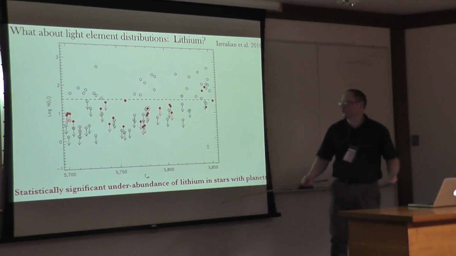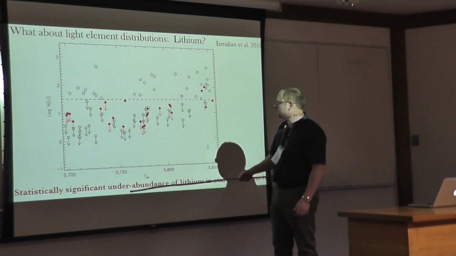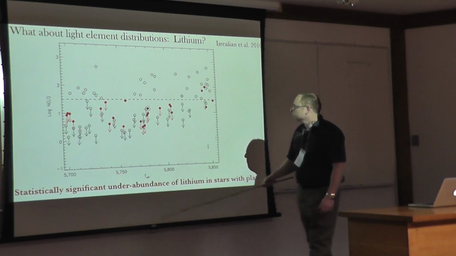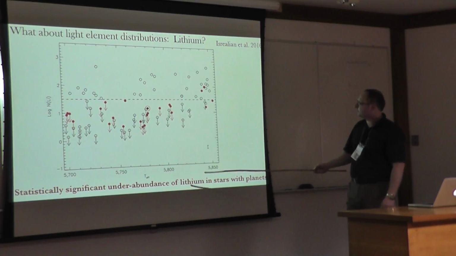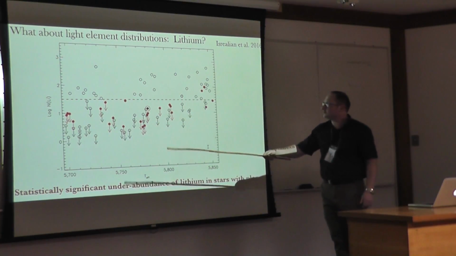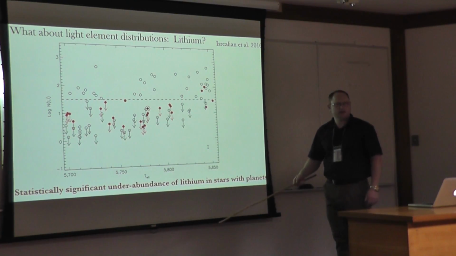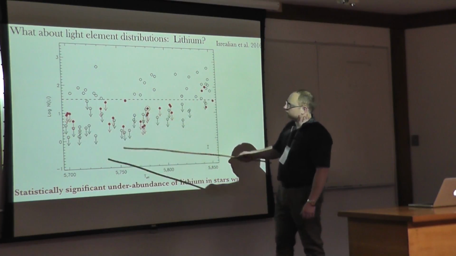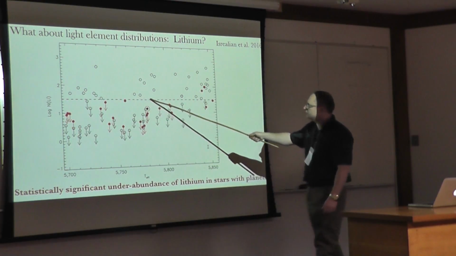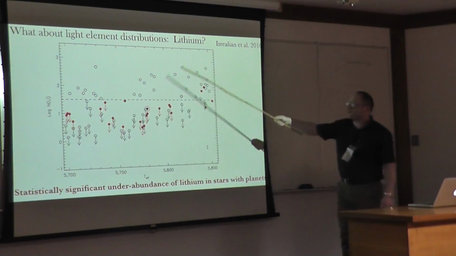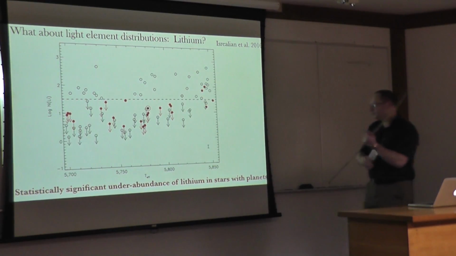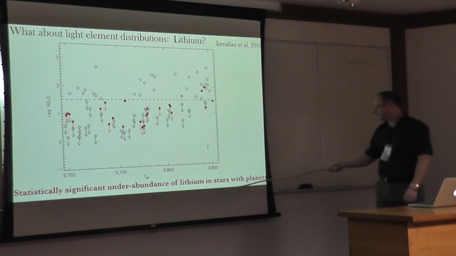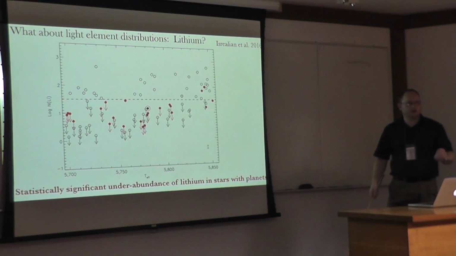So the abundance of lithium is a function of spectral type, if you like. And what they found was that the stars with planets in red tend to have a bit of a lower abundance than the mean of the population. And it's statistically significant, lower abundance of lithium.